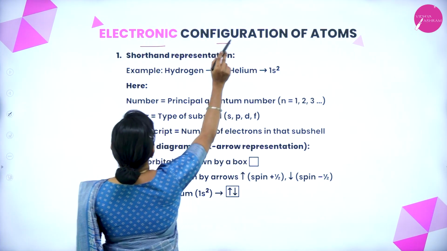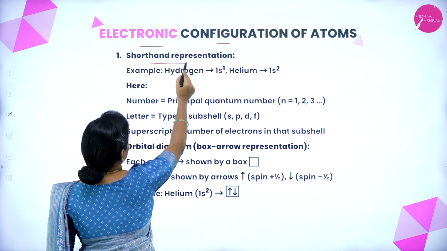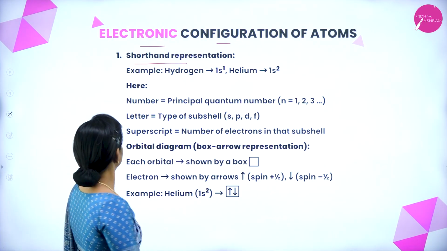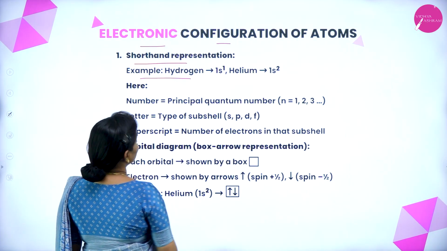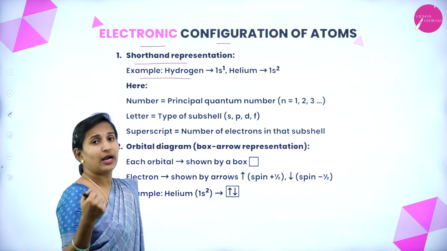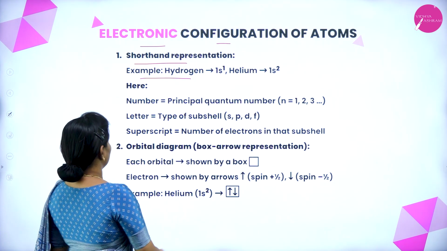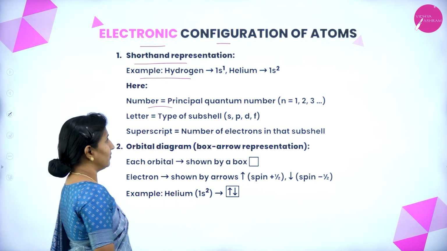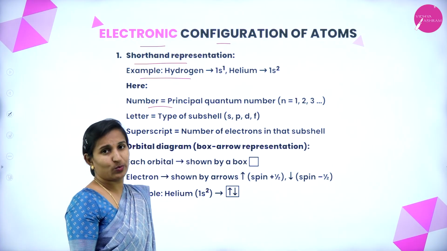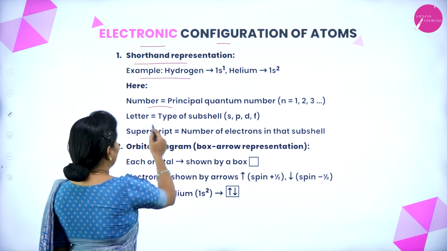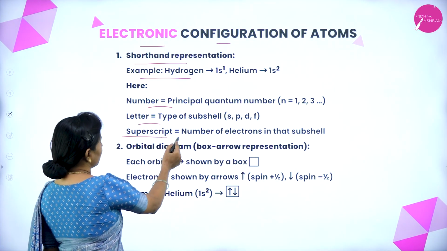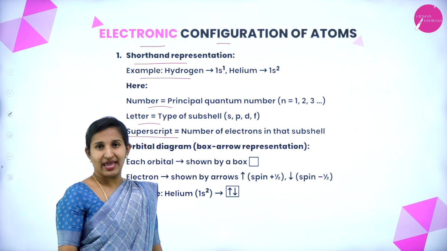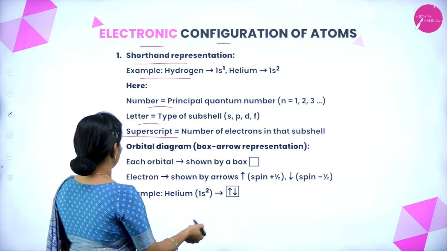Electronic configuration of atom, the shorthand representation. Example, hydrogen 1s1, helium 1s2. Here the number equals principal quantum number, that is n equals 1, 2, 3, etc. Letter type equals subshell s, p, d, f. Superscript equals number of electrons in that subshell.